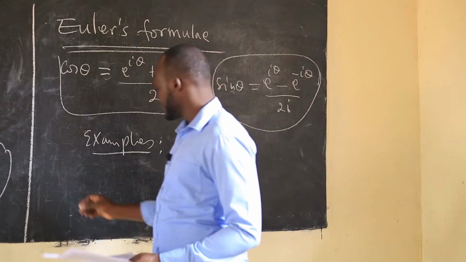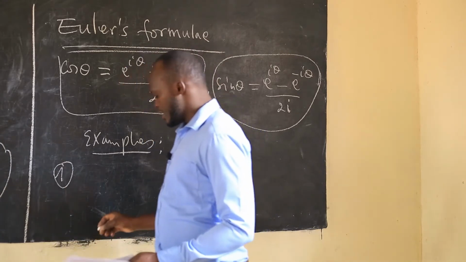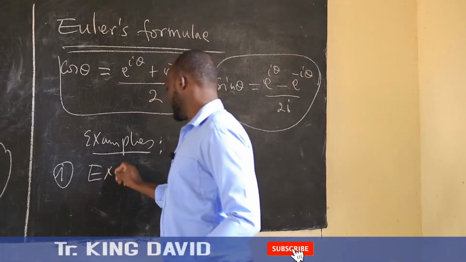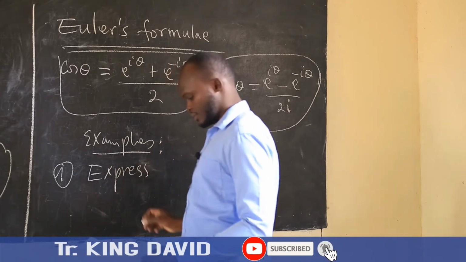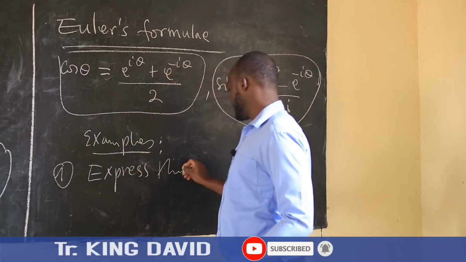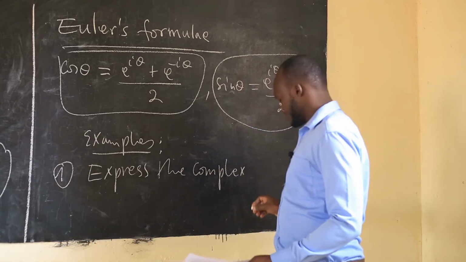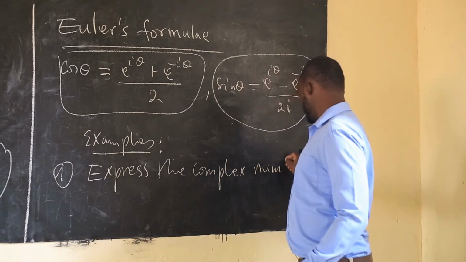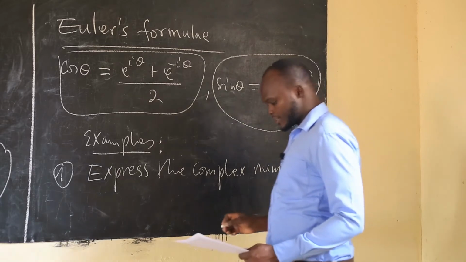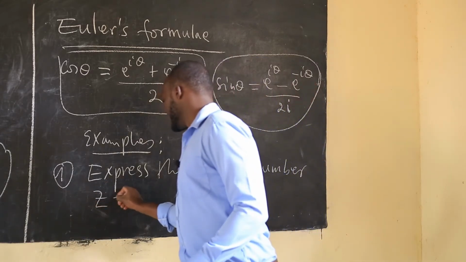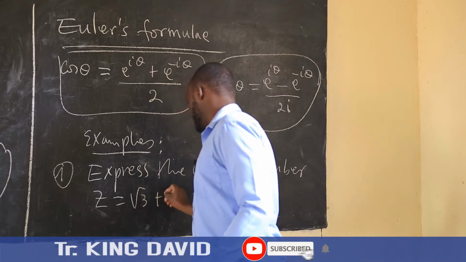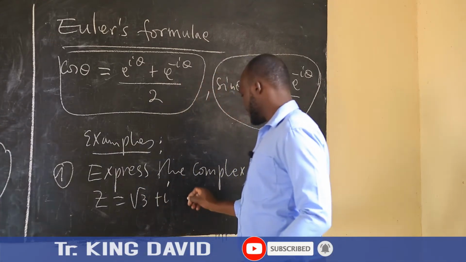Number 1: express the complex number z equals root 3 plus i in exponential form.